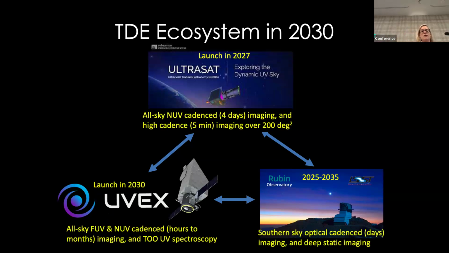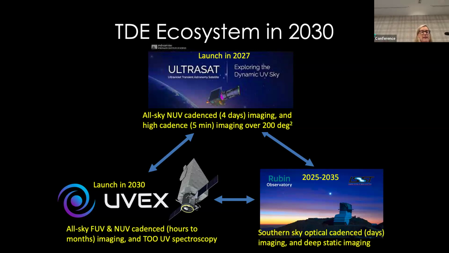Ultrasat, which is going to be launching in around 2027, 2028, is an Israeli mission that is going to be doing all sky near UV cadenced imaging, as well as high cadence imaging with a timescale of only 5 minutes over 200 square degrees in the near UV band. We'll also have the Rubin Observatory operating on the ground, doing multi-band, deep cadenced optical imaging, as well as producing very deep static sky imaging.